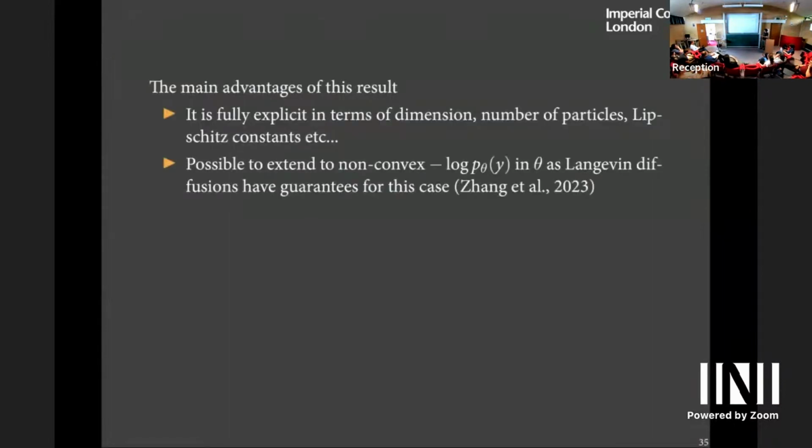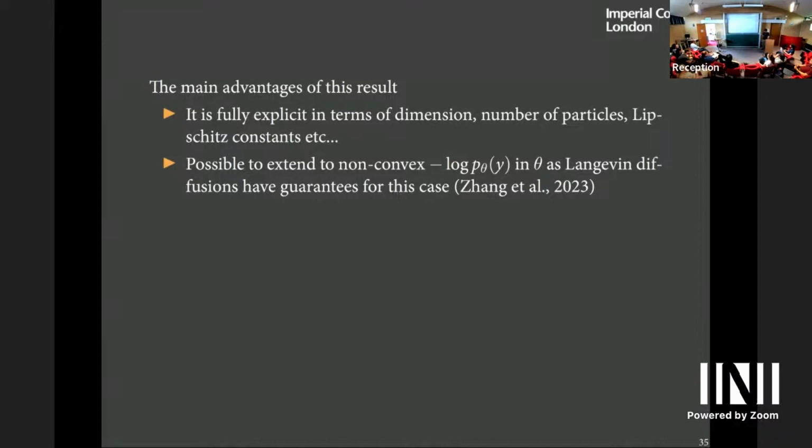And as I keep saying, it's possible to extend, although not necessarily easy, to non-convex cases. Although you ask me a lot of questions, probably I don't know if I could answer all of them, but in principle, it should be possible to extend this because Langevin diffusions have non-convex optimization guarantees, right?